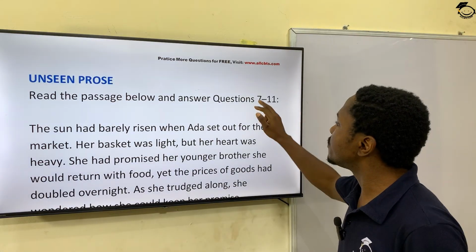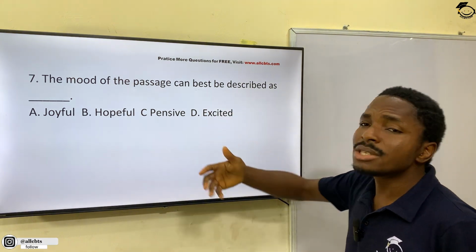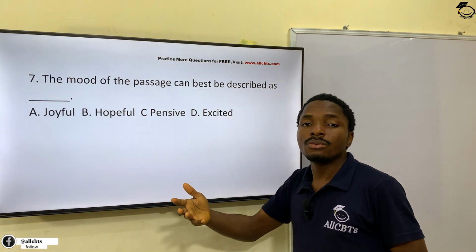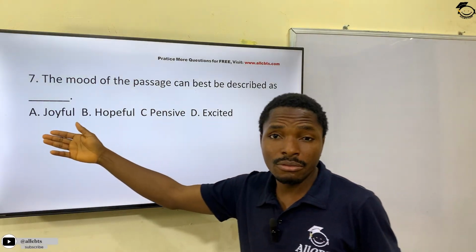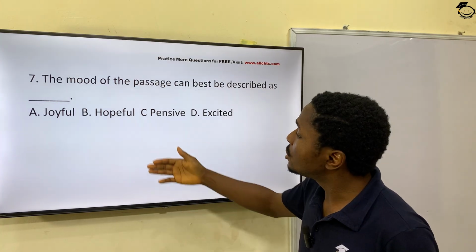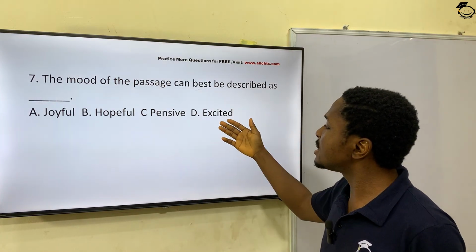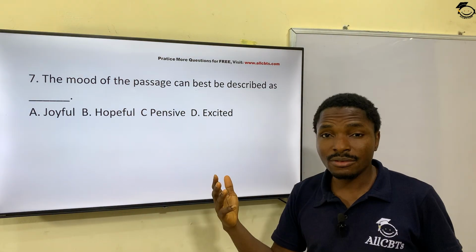So let's see the question from question 7. The mood of the passage. What's the mood you got when you read that prose and when we discussed it? Is it joyful? No. She's not excited. There's nothing joyful there. Is it hopeful? No. Is it excited? No. It's actually pensive. What is pensive?